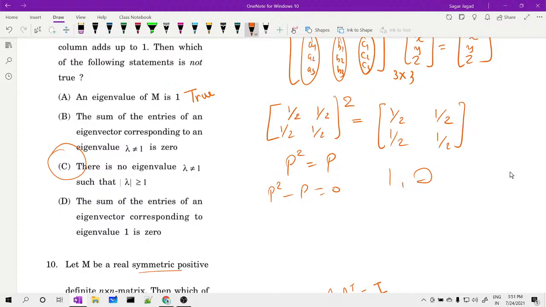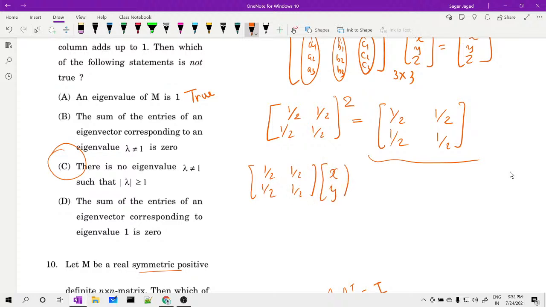The sum of the entries of an eigenvector corresponding to the eigenvalue 1 is 0. Okay, in this case, I'll just find out the eigenvector corresponding to this. So this is nothing but half, half, half, half. Over here, I'll just use x, y, and it should be 1, so it is x, y.